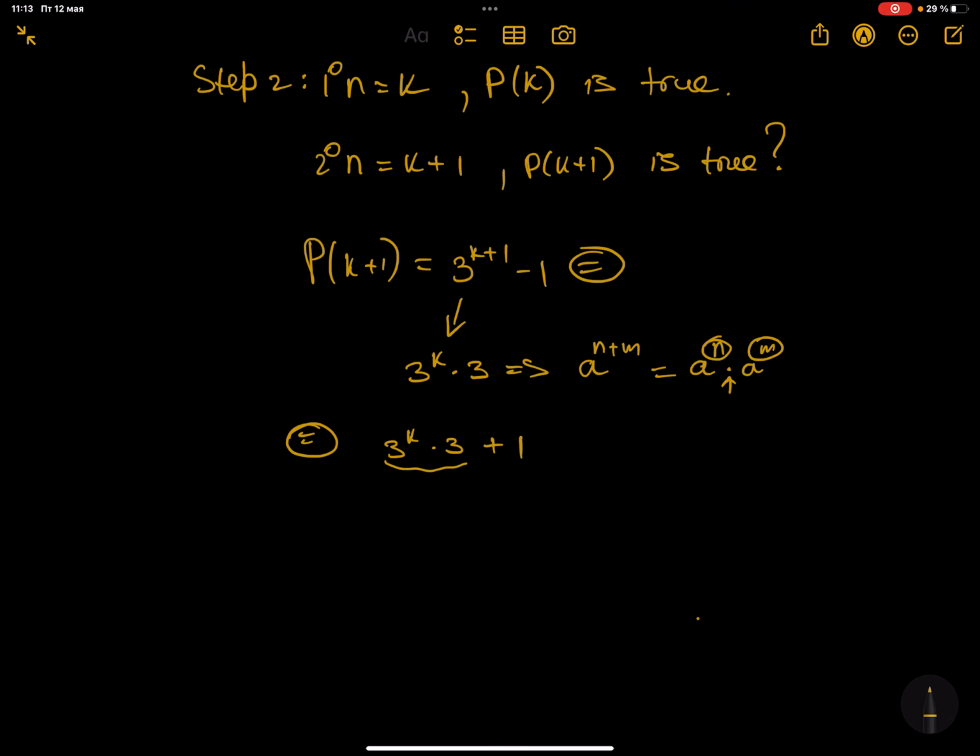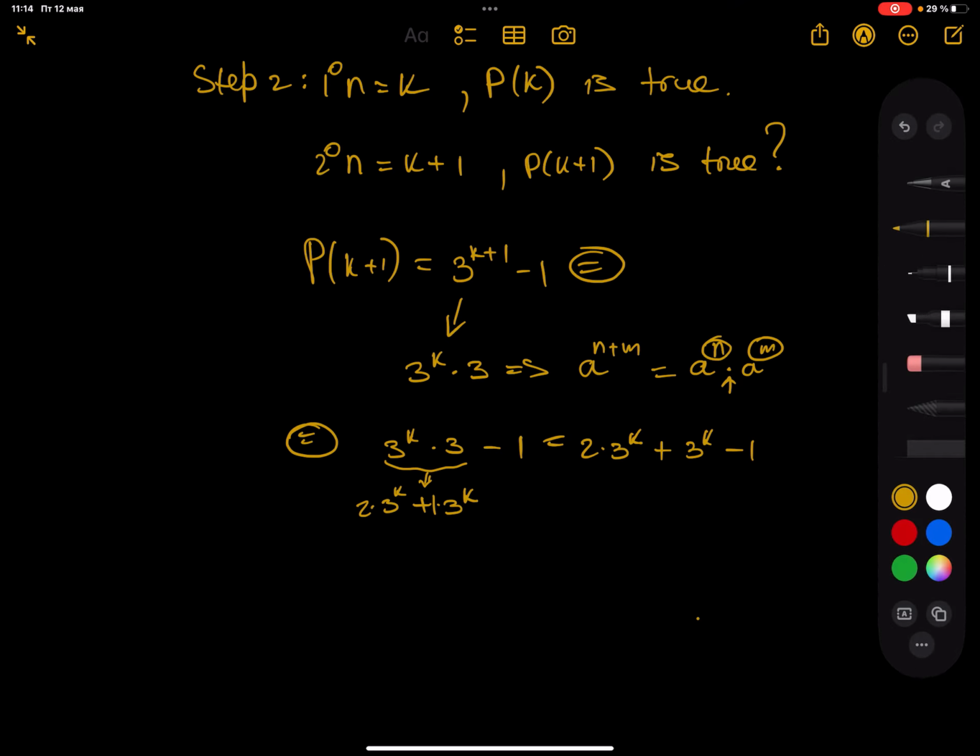For example, I'm gonna write it like 2 multiplied by 3 to the power of k, plus 3 to the power of k, minus 1. Here should be minus.